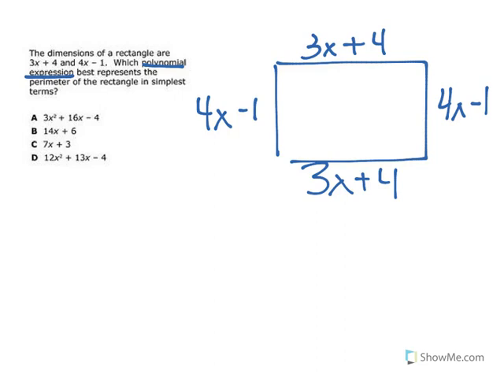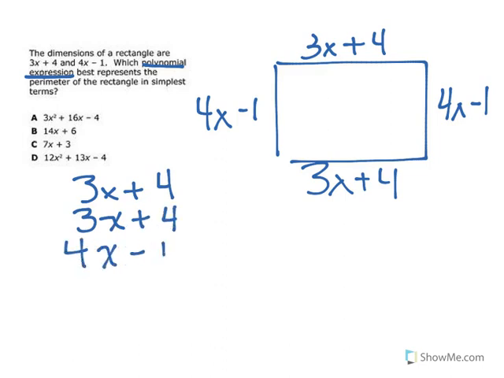So again, I'm adding all my sides together. Now, don't get confused on that polynomial. Polynomial is just a fancy way of saying an expression with more than one term. And then I have another 4x minus 1. And I'm going to put them all together because I'm looking for the perimeter.